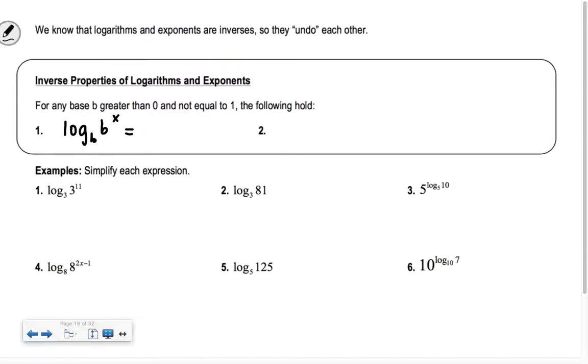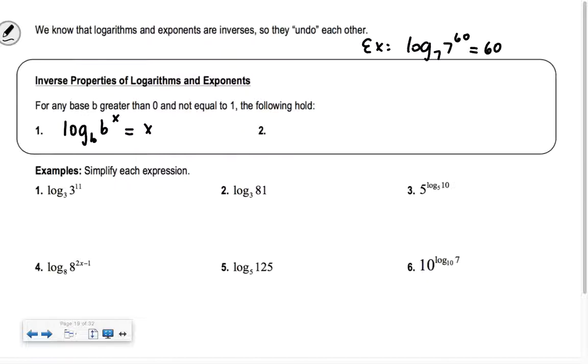Well, what's log base b of b? It's 1, right? So if we pull that x to the front and then have times 1, it's all just x. So when you see something like log base 7 of 7 to the 60, that's all just 60, because the 60 gets pulled to the front, and log base 7 of 7 is 1.